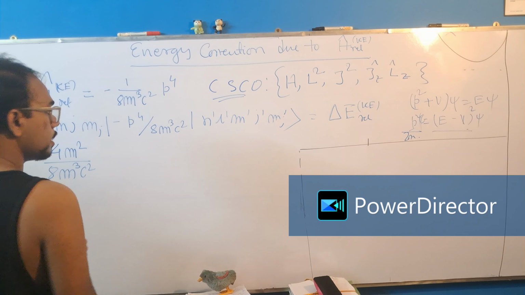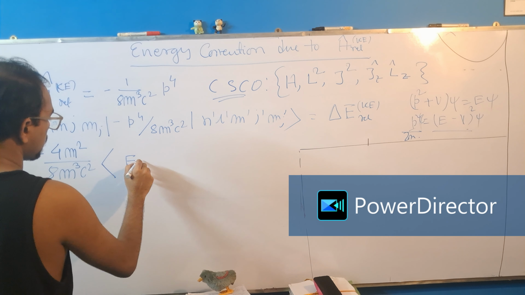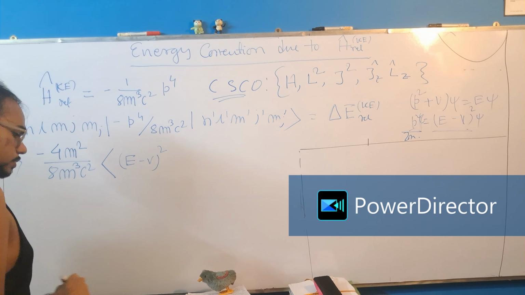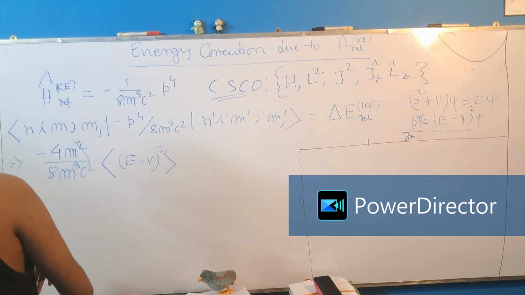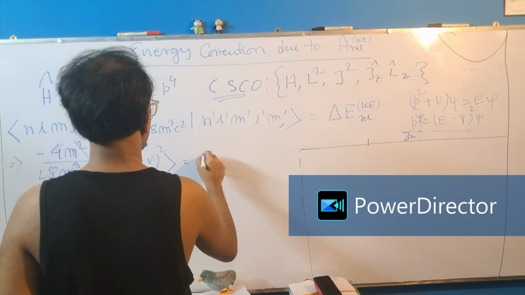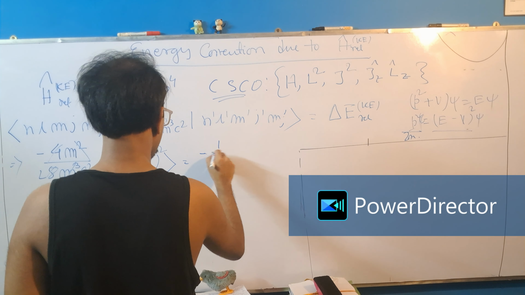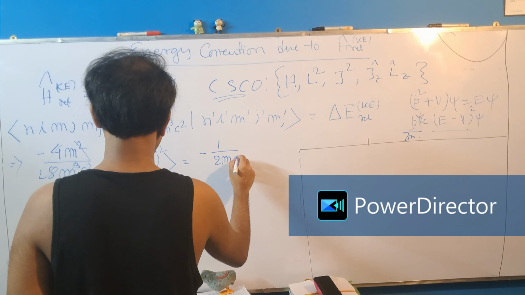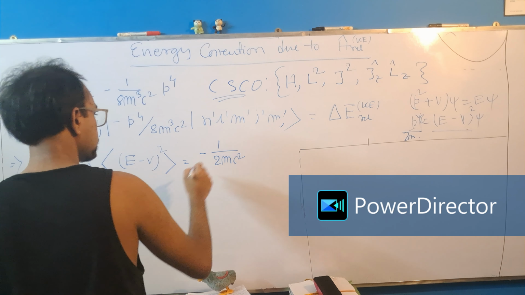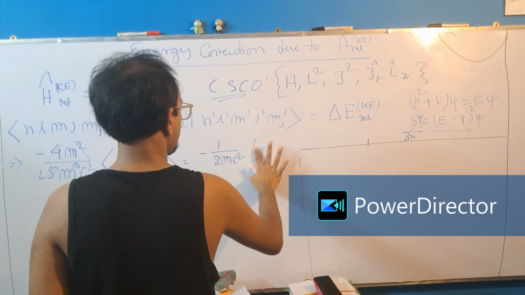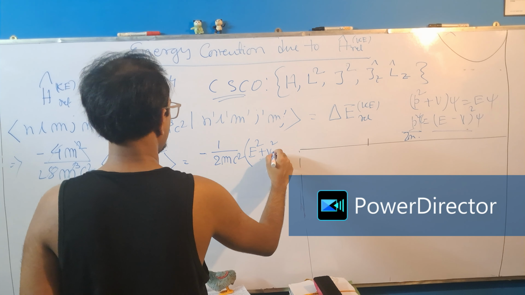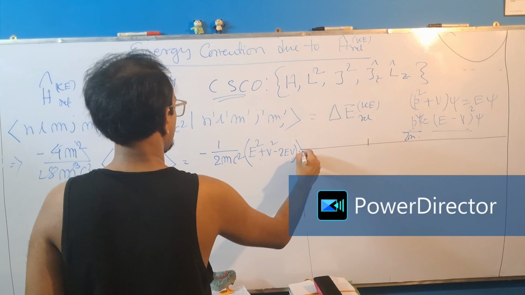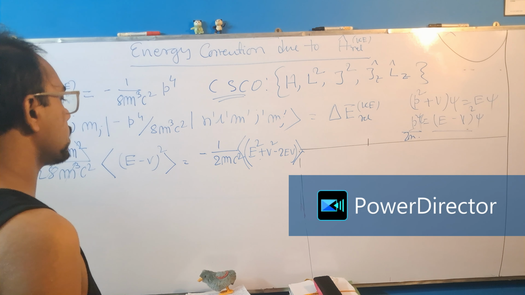What you have to calculate here is the average of E minus V whole squared. Okay, E minus V whole squared. So now this m will get cancelled, and we will end up with minus 1 by 2 m c squared with the average of, let me just open the square, E squared plus V squared minus 2EV, obviously in average.